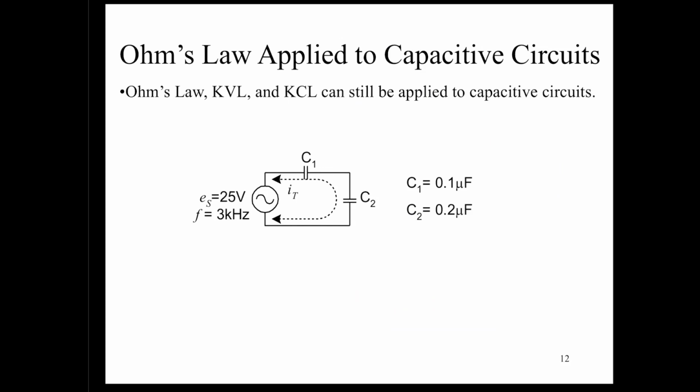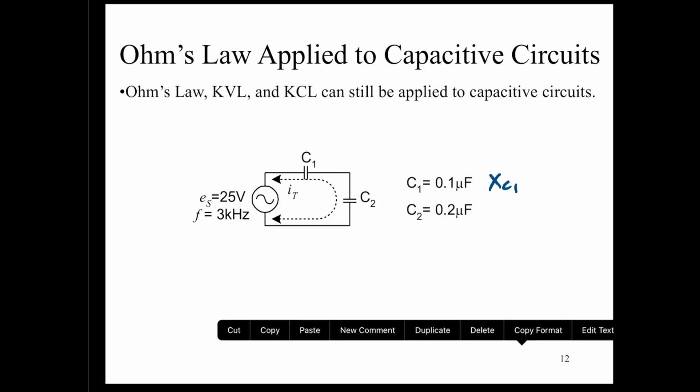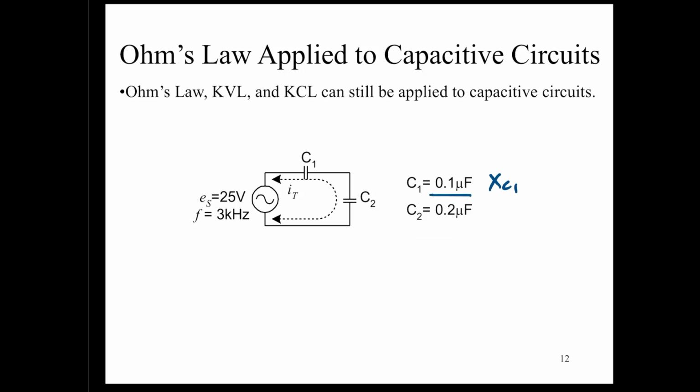Okay, well, let's take a look at our capacitors in series here in this example. If we look at our capacitors in series in this example, we know that we would have an XC1 value that comes from this capacitor C1.